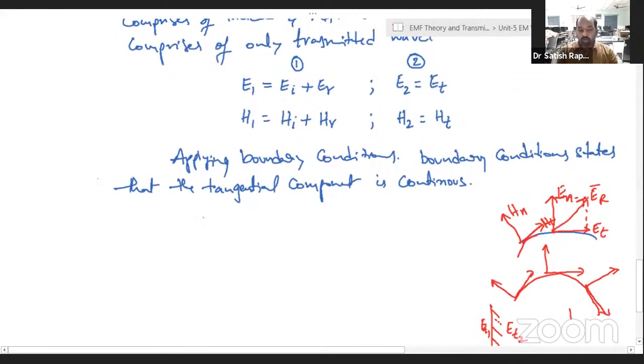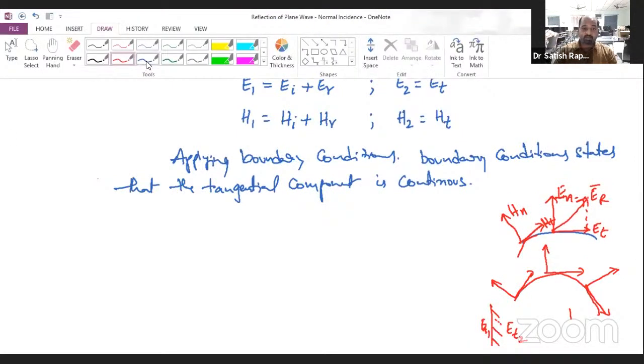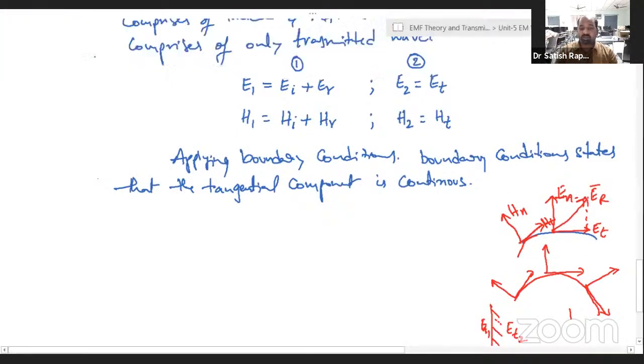So from this discussion we can write that E1 is equal to E2, and similarly H1 is equal to H2, and this is only at z is equal to 0. When z is not equal to 0, this will not apply.